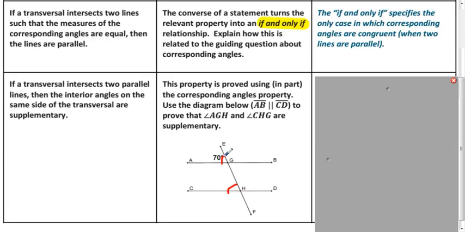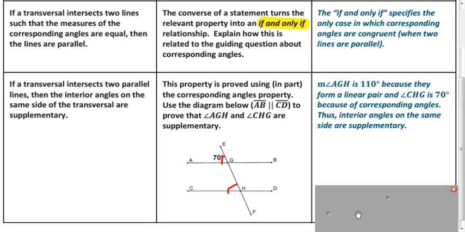And you know that these two are supplementary. So by substitution, you have that angle GHC is going to be supplementary to angle AGH. And so in this case, we talk about 70. So there's both 70, and this one over here is 110. And so these interior angles are also supplementary, same side interior.